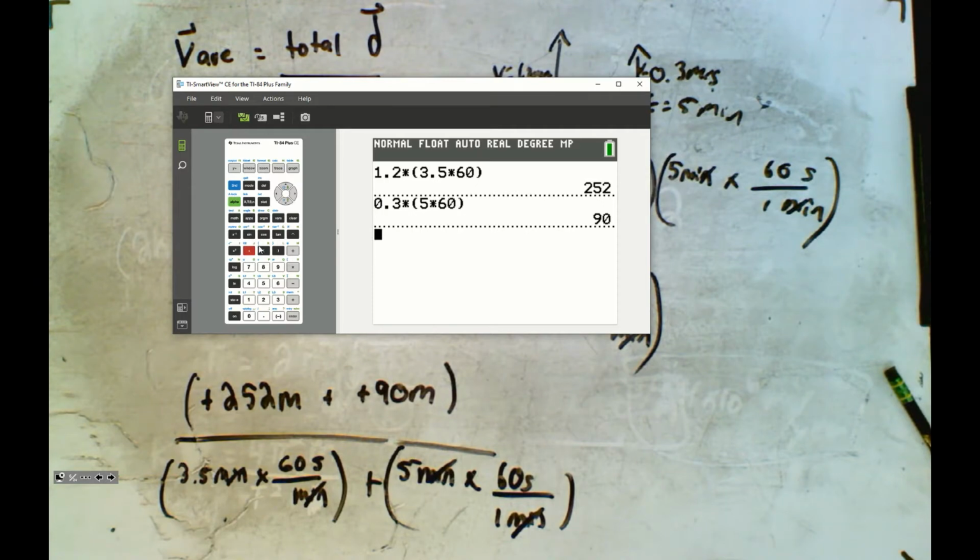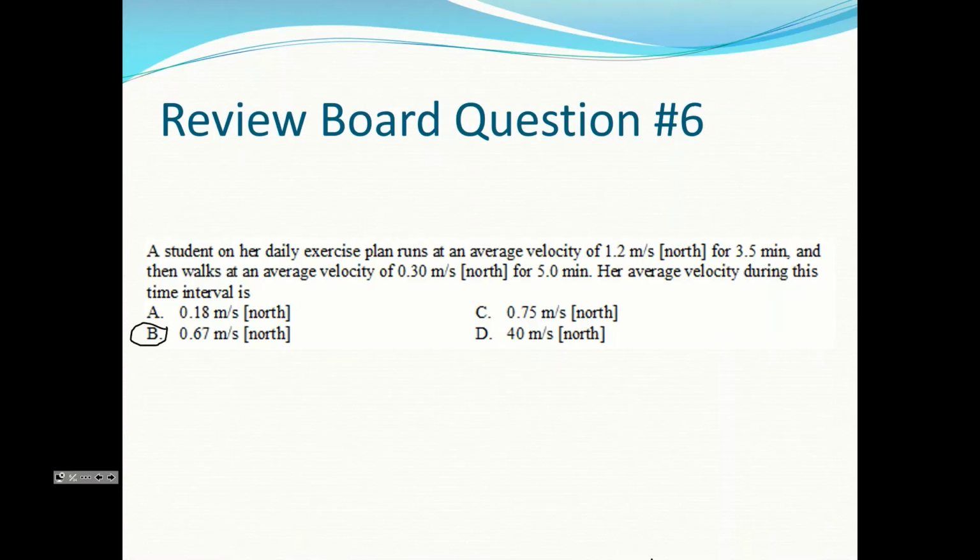So my top is going to be this plus this, and then my bottom is going to be 3.5 times 60 added to 5 times 60. That's how I'd want to do my brackets if I want to do that all in one. And then that's my average velocity. It's a positive answer, so it's going to be 0.67 north, which makes B the correct answer.